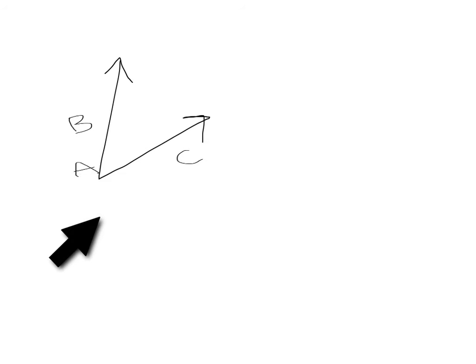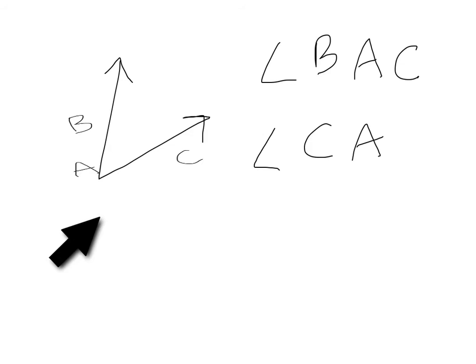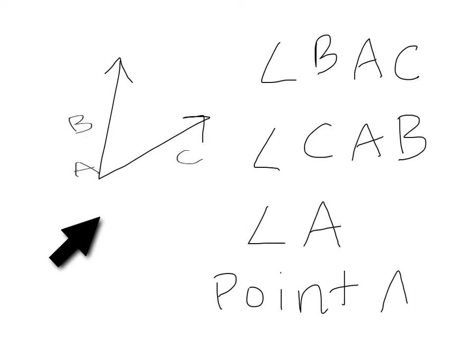If I was going to name this angle, it would be angle BAC or angle CAB or angle A. The vertex would be called point A. What's really important in naming angles is that you're going in order. So when I name this angle, I don't start at the vertex. I start from the top to the bottom or from the bottom to the top.